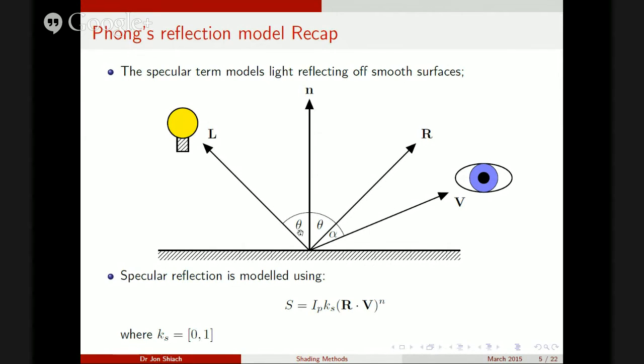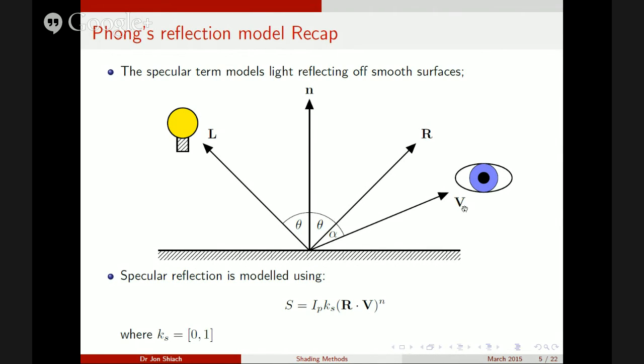So if this is the angle theta between the light source vector and the normal vector, the reflected vector r makes the same angle, but on the other side. So your light is going to reflect off in the direction of r.